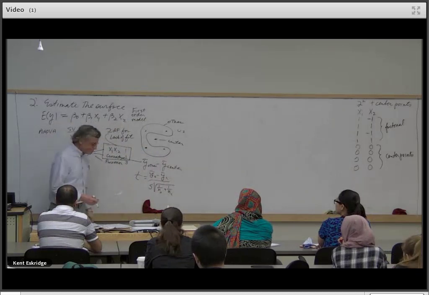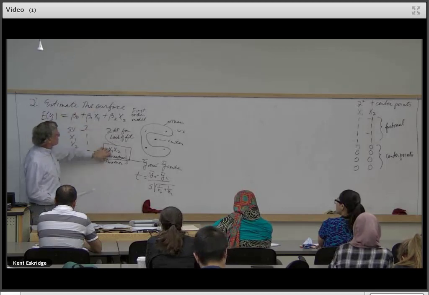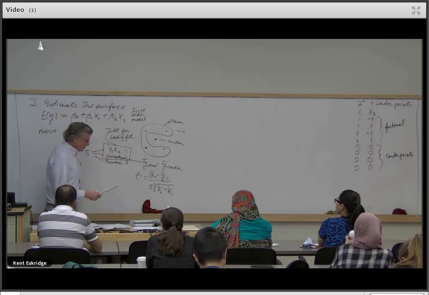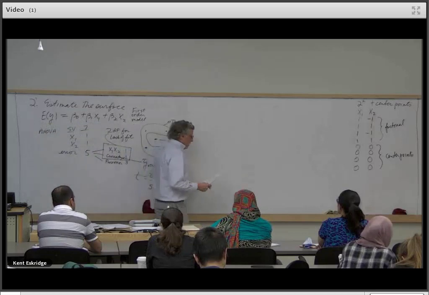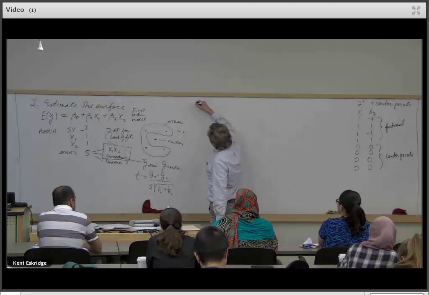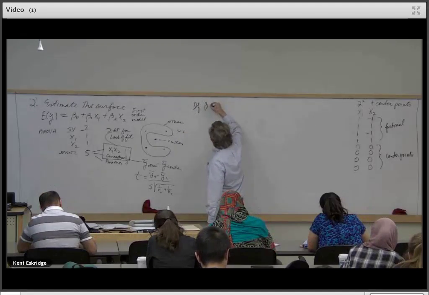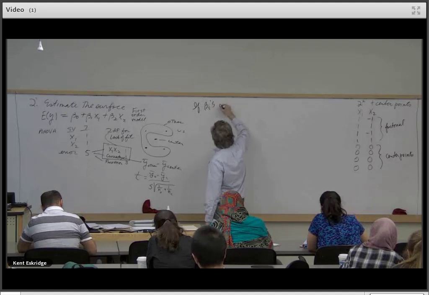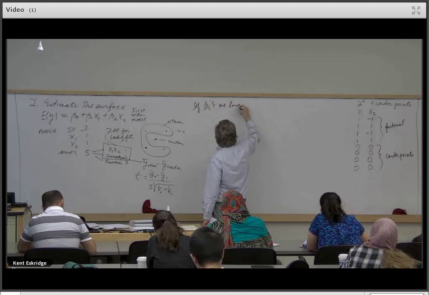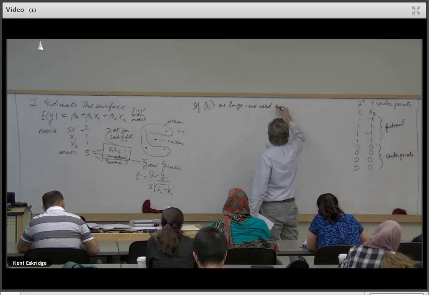Okay, so we've got an estimate of the surface. Assume it fits, assume there's no lack of fit. We want that to be small. We can say this: if the B's, the B_i's, are large, we need to move in another direction.